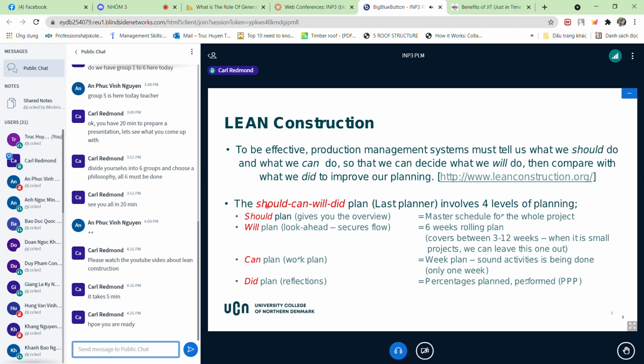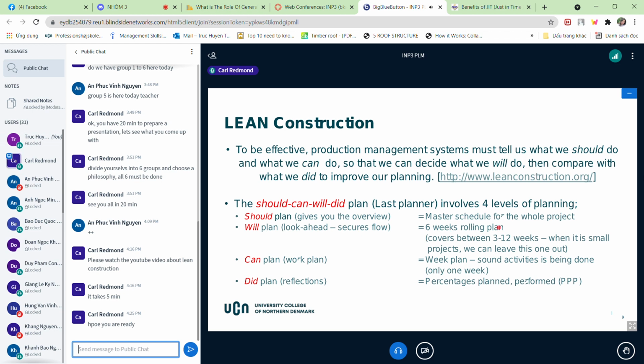If we look at what we should do, we should plan, and this gives you an overview. Now this plan and the level of planning is on the right here. This is, as you know, the master schedule for the whole project. This gives us a good overview. And what we will plan is to look ahead and secure flow.